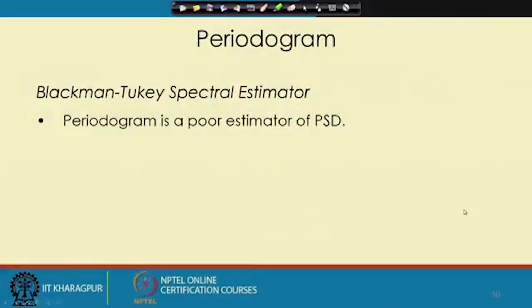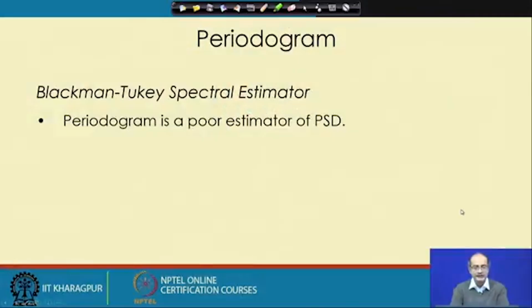First, they point out the cause of the problem, and from there in a very logical way they build up their theory. They suggested that the periodogram is a poor estimate of the PSD, which gives scope for improvement.